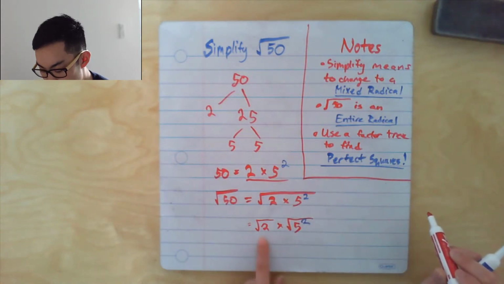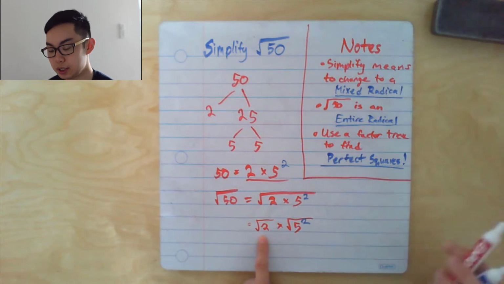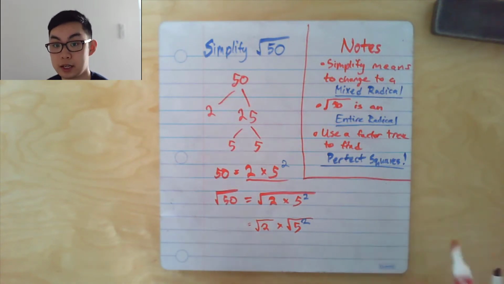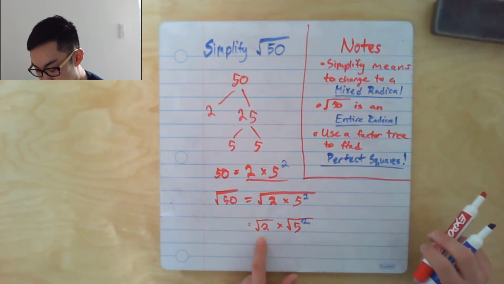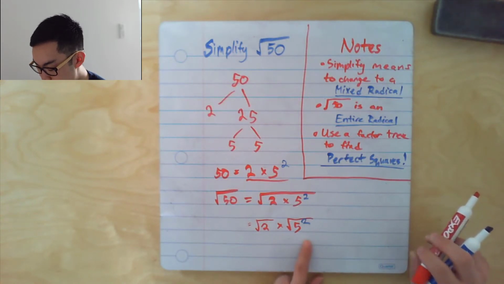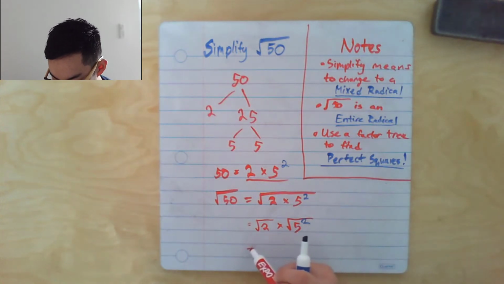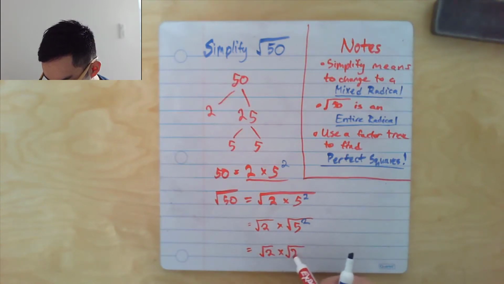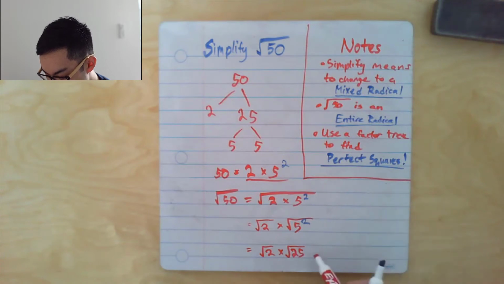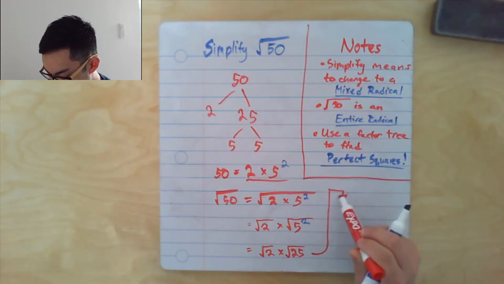The square root of 2, I learned in the last video, is an irrational number, and I can't simplify that any further. But I know that the square root of 5 squared is the square root of 25.